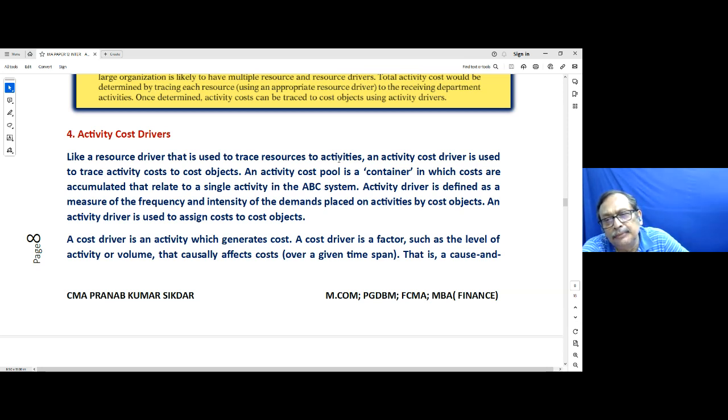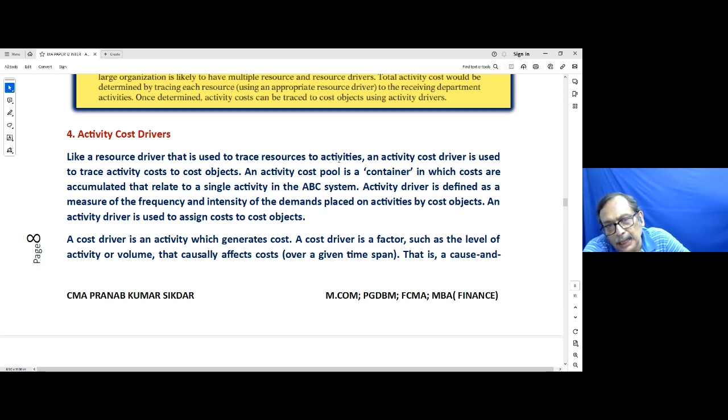An activity driver is defined as a measure of the frequency and intensity of the demands placed on the activities by cost objects. An activity driver is used to assign cost to cost objects.